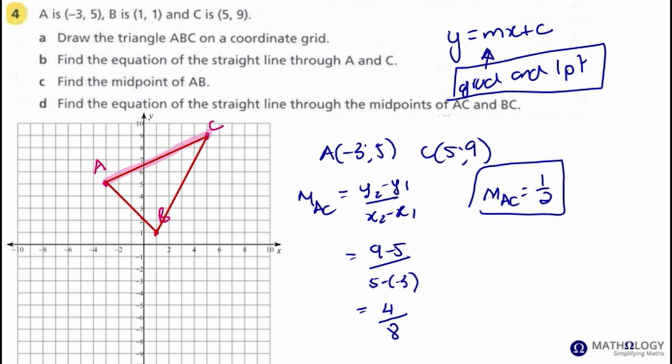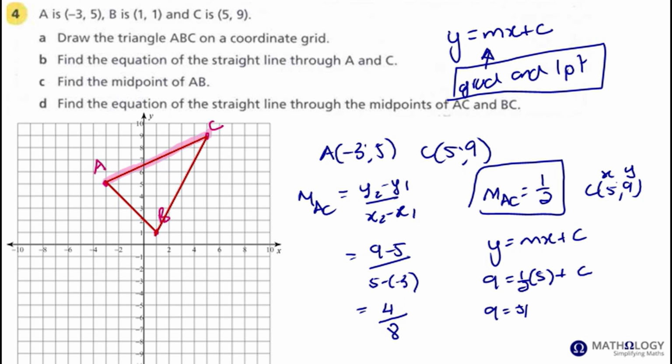So we're just going to use any point. Let's use C, 5, 9. You can use point A if you want to. x is 5 and y is 9. So y equals mx plus c. y is 9, the gradient is a half, x is 5 and we're looking for c. So 9 equals 5 over 2 plus c. c equals 13 over 2, which is 6.5.